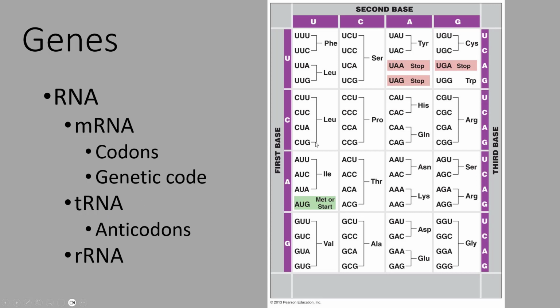Well, tRNA carries amino acids. Each different tRNA carries a different amino acid. And based on the codon matching with the anticodon, the transfer RNA gives the amino acid to the ribosome. The ribosome then joins it to the growing strand of amino acids. And again, we're going to draw this out. Right now we're just walking through it with words.